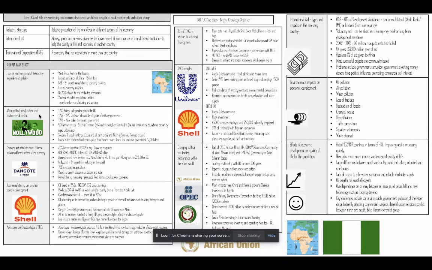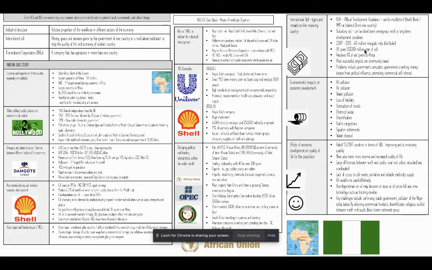And finally, we can think about international aid and the developmental state of the country. So Nigeria receives a lot of aid from other countries, HICs, in the form of money, but also in the form of resources. One example there, 60 million mosquito nets were distributed by the NGO, or non-governmental organization, Nets for Life.